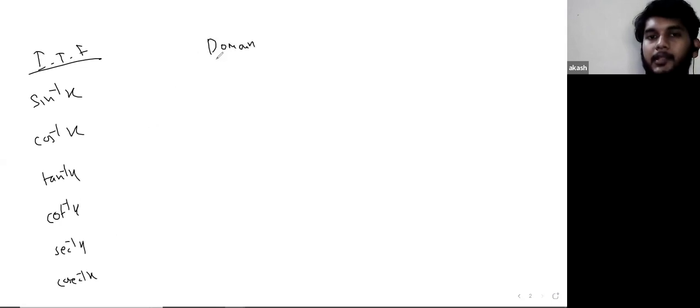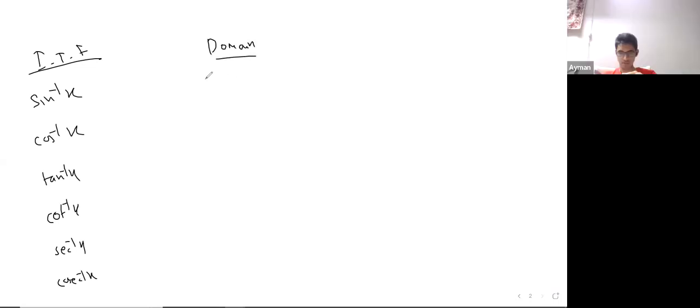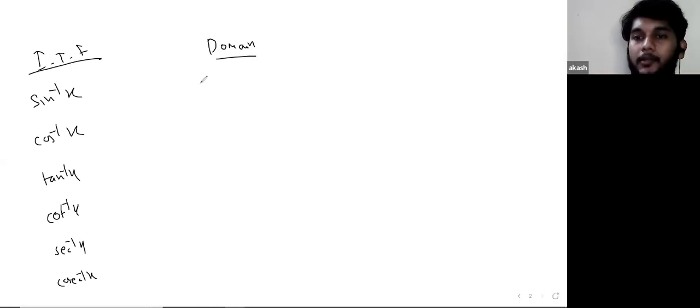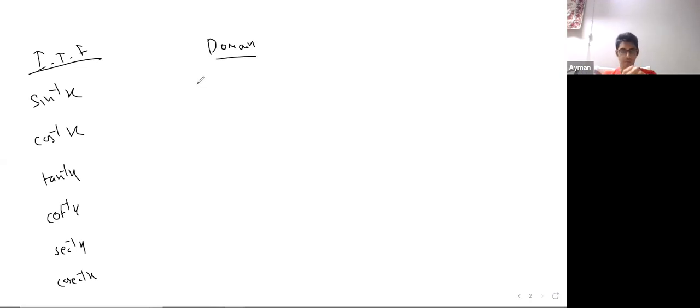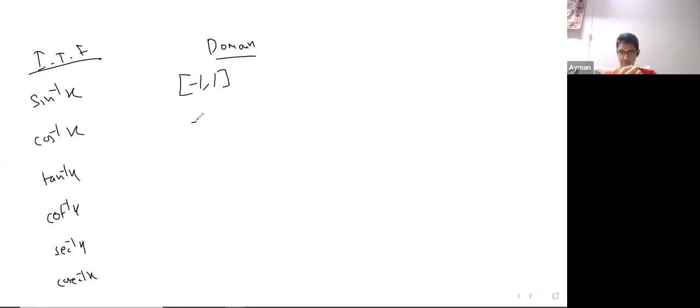Domain. Now please tell me the domain of these functions. Domain of sine inverse will be the output, so -1 to 1, close brackets. For cos inverse x, the same, -1 to 1, close brackets.